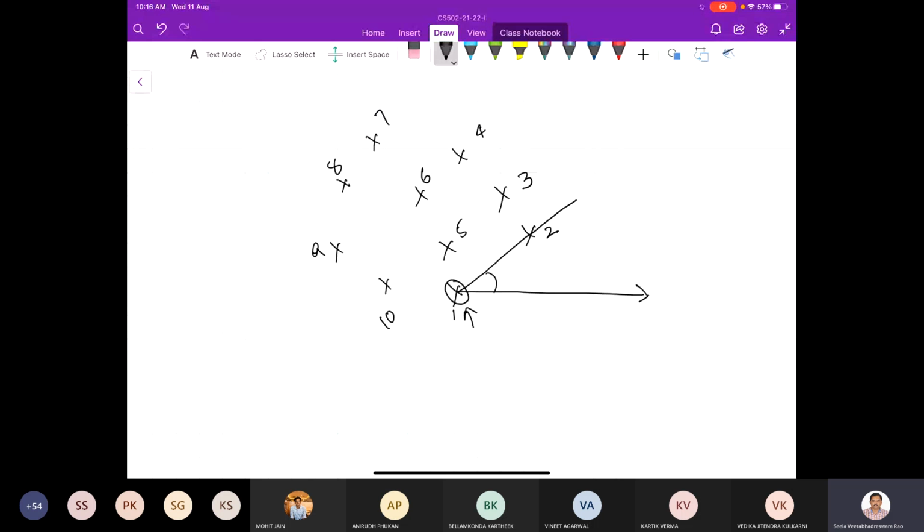Similarly, point 10, the last point, which makes the largest angle, is also part of the convex hull, exactly symmetric to 2, which has the smallest angle. So once the first point, the second point and the last point are part of the convex hull, Graham scan works perfectly. Is that clear? Any questions?